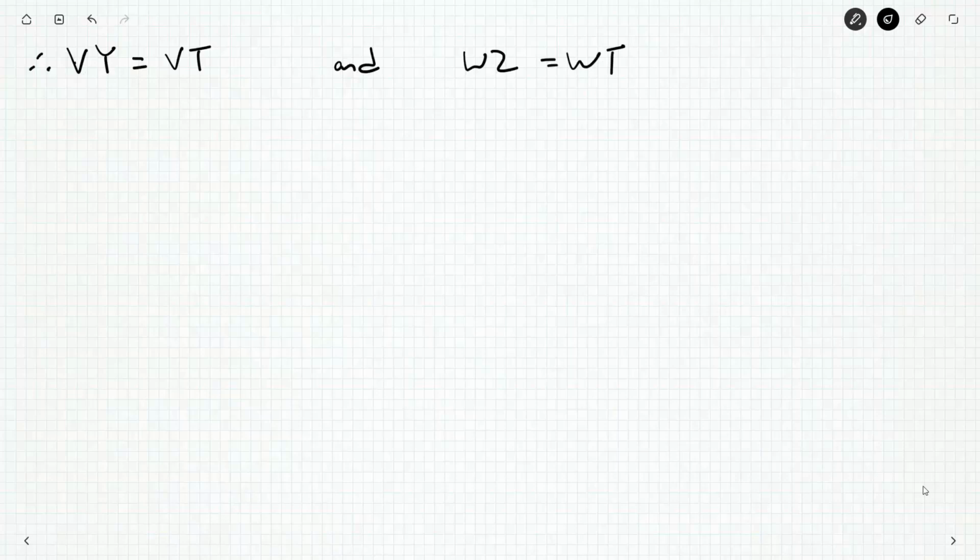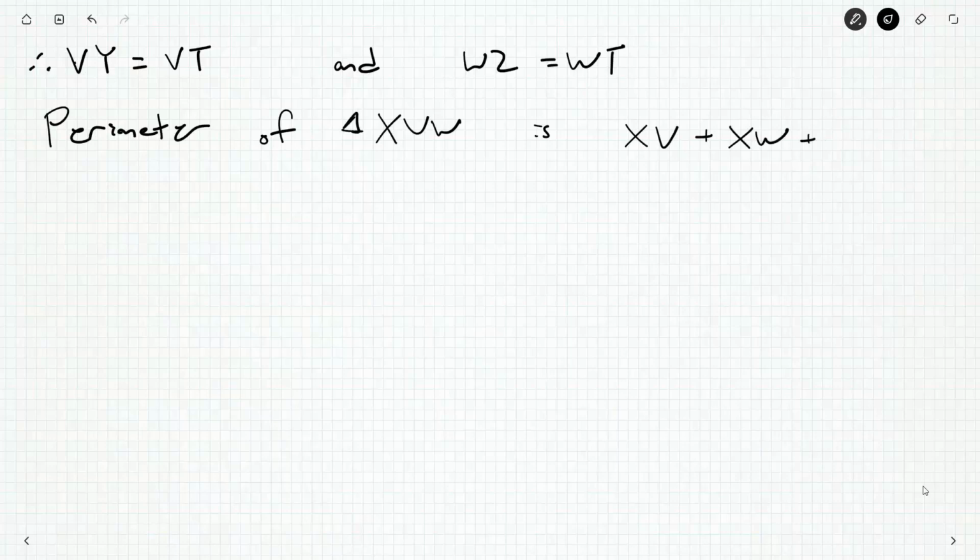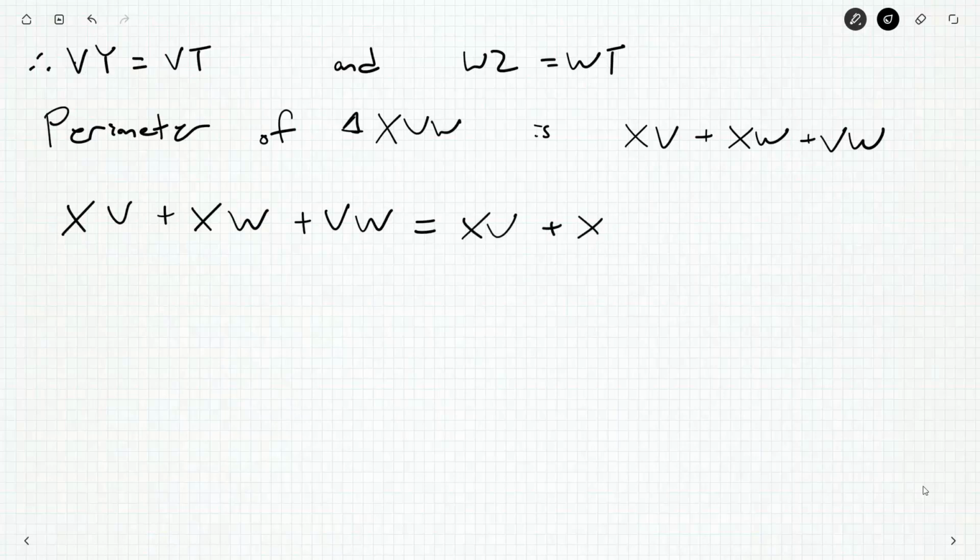Okay. Now, the perimeter of xvw is xv plus xw plus vw, but I'm going to split up the vw because t lies on that line.